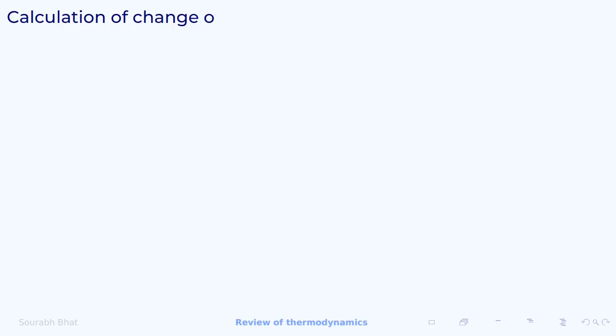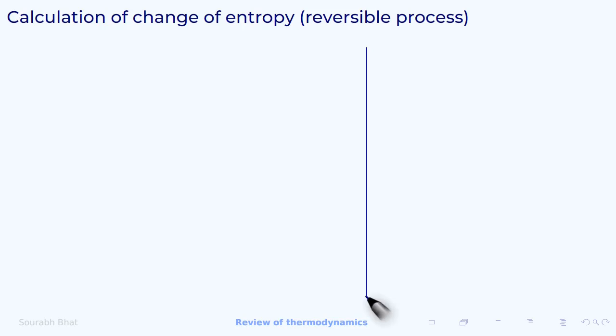Next, let's see how we can calculate the change of entropy. We have seen that the entropy depends on the heat transfer delta Q and the temperature. For reversible processes, we can calculate the heat transfer from the first law of thermodynamics as delta Q is equal to dE plus PdV, and also from the definition of entropy as delta Q is equal to TdS.